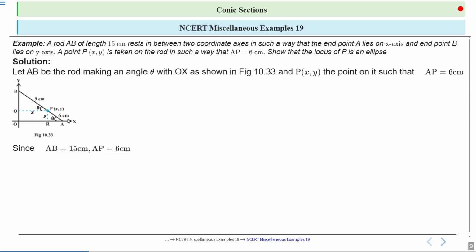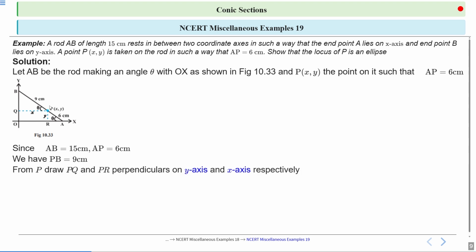Since AB is 15 centimeter and AP is 6 centimeter, we have PB equal to 9 centimeter. How do we get it? PB is basically AB minus AP. So PB is equal to 9 centimeter.